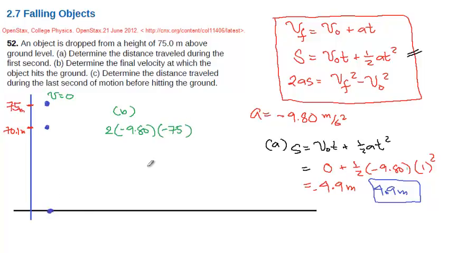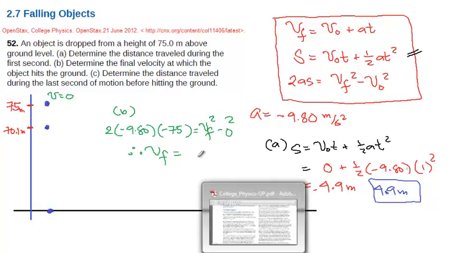Why negative 75? s is displacement, final minus initial: final height of 0 minus initial height of 75. So negative 75 equals vf squared minus initial velocity squared, 0.